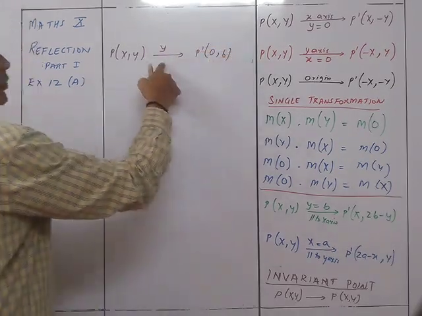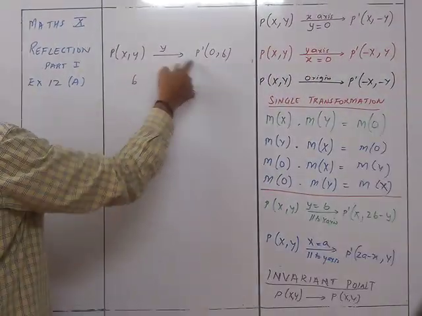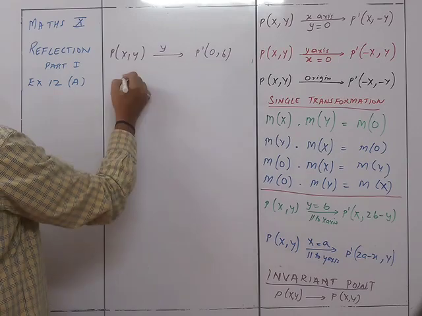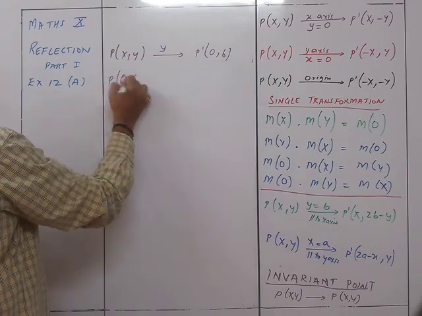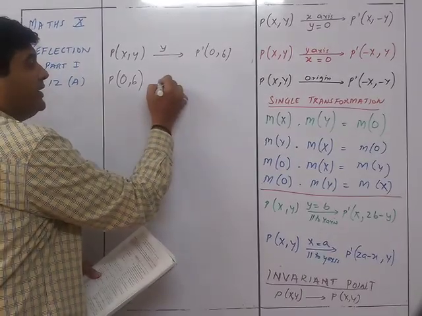You can see y will always remain the same, and x is going to be negative. The negative of 0 is 0 only, so it will be P (0, 6). So it's an invariant point. You can see this is invariant.